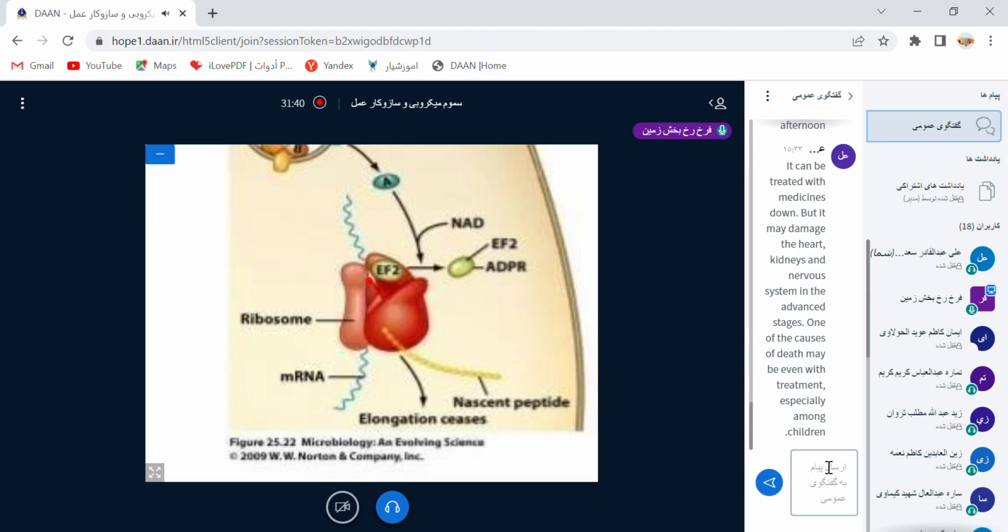So these bacterial toxins kill. This bacterial toxin kills our cells by stopping EF2 from working, stopping translocation of the ribosome on mRNA and stopping protein synthesis.